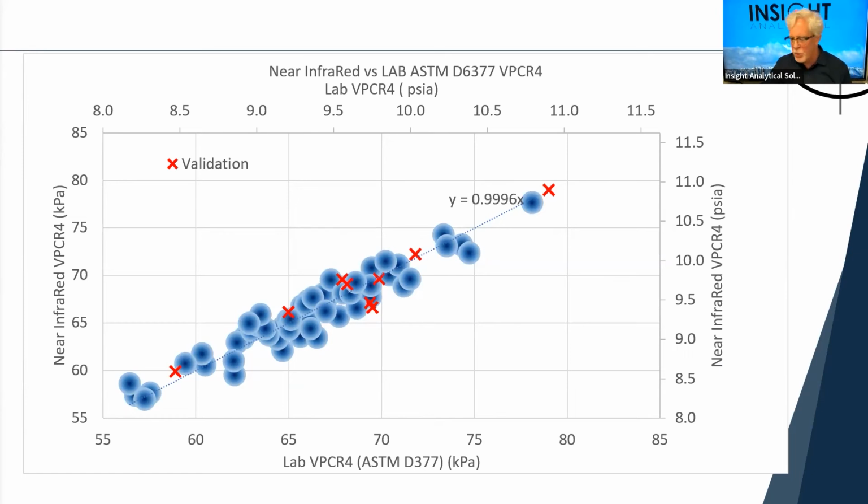The blue dots were used to build the model and the calibration, and the red X's are validation samples. So you can see we cover a reasonably wide range of vapor pressures for this blended butane into bitumen application.